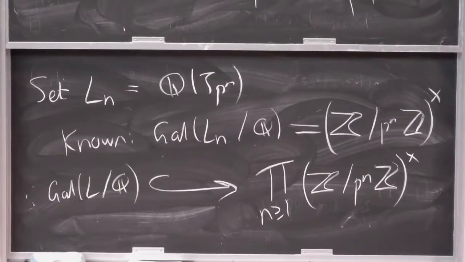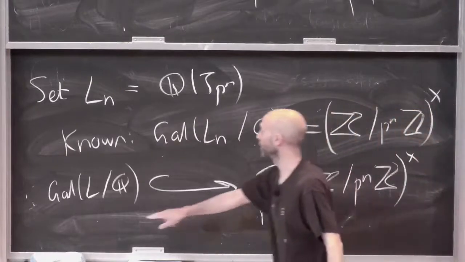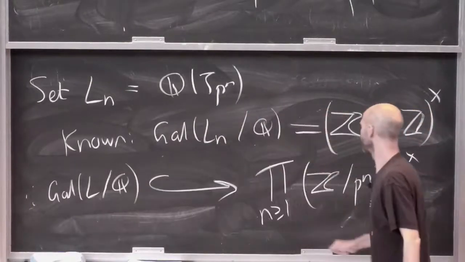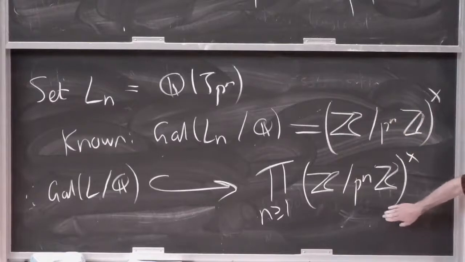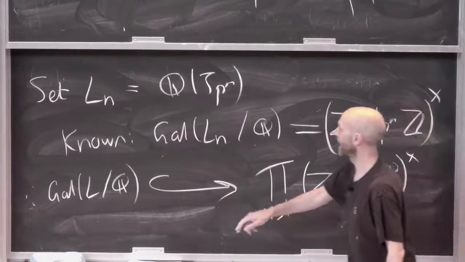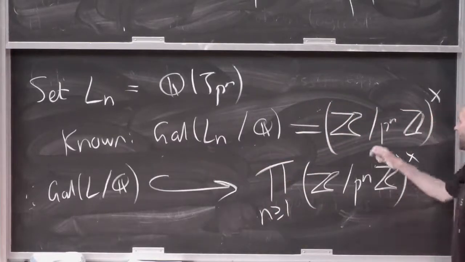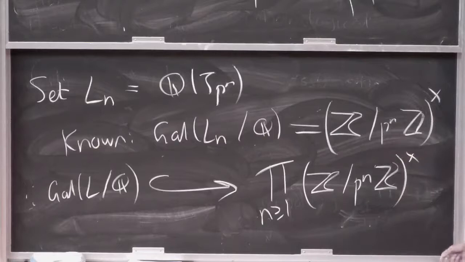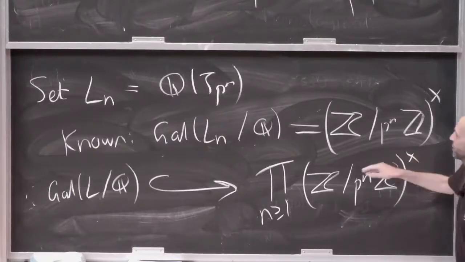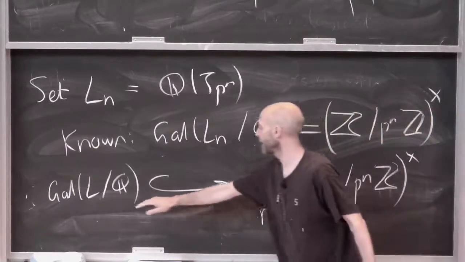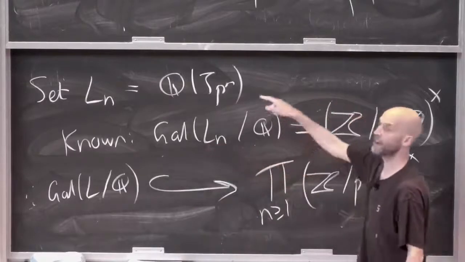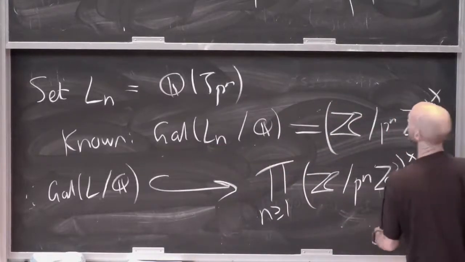What is this map? If I've got a random field automorphism of L, then I have to give you an element of (Z/p^nZ)* for all n. And here's what I do. If I've got an automorphism of L, it gives me an automorphism of L_n, and so that gives me an element of (Z/p^nZ)*. But now, if I know how this element of Gal(L/Q) acts on L_n, then I know how it acts on L_{n-1}, because there's this filtration.